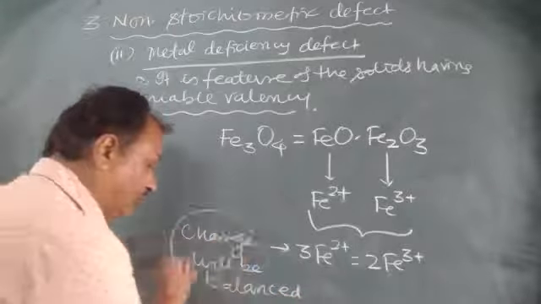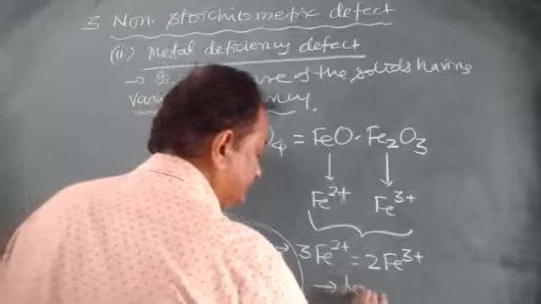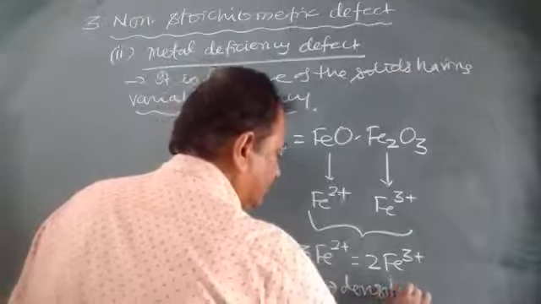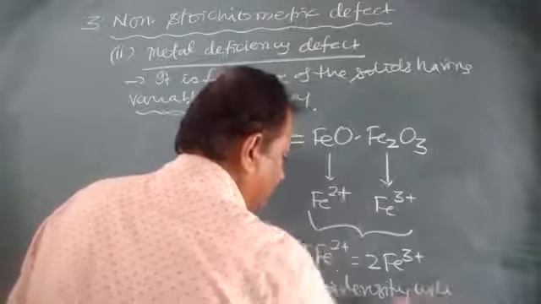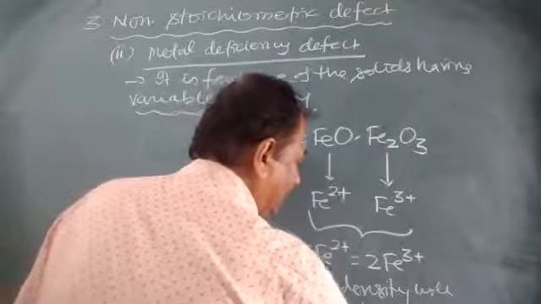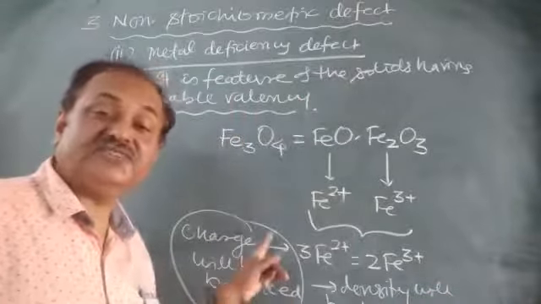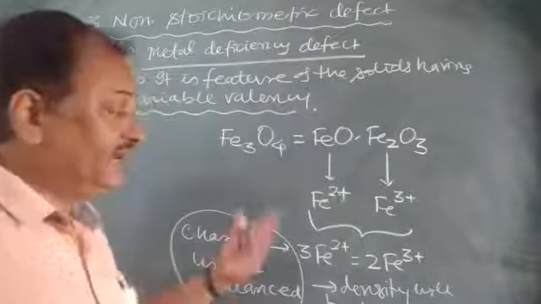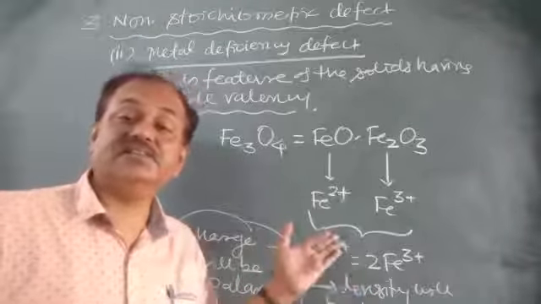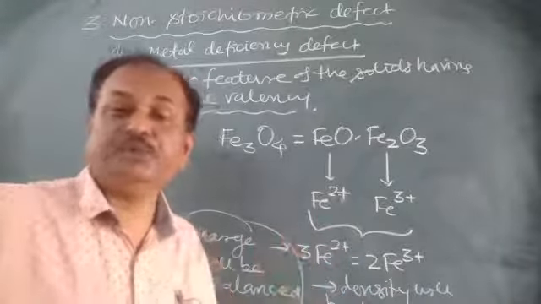This is one point. But the density will be decreased. There will be a decrease in the density. This is a very important point to note, and as a result, this substance will have some other property.